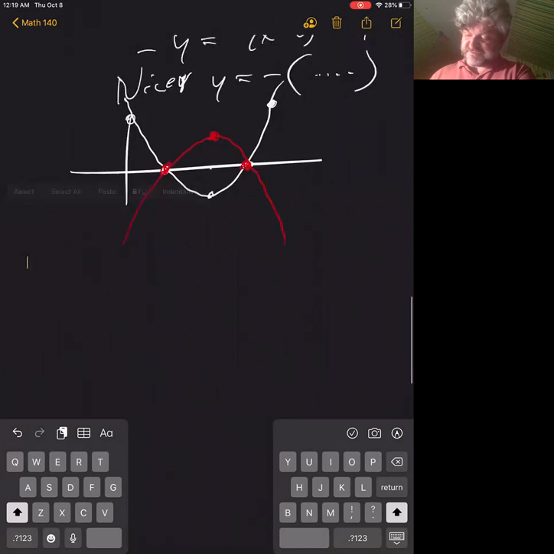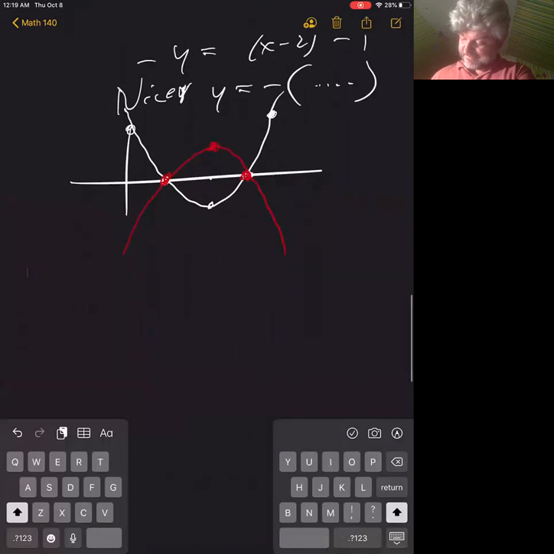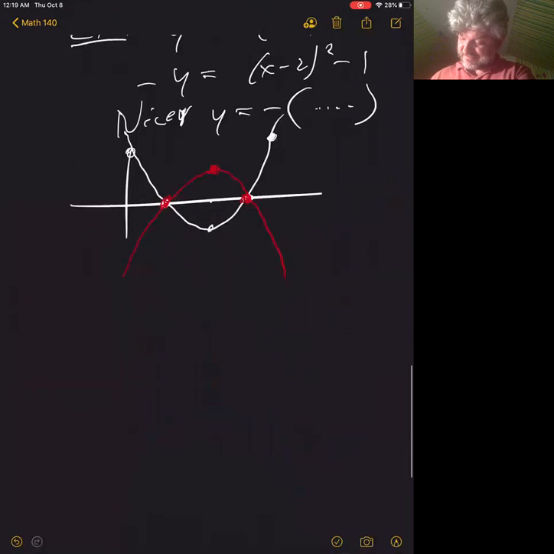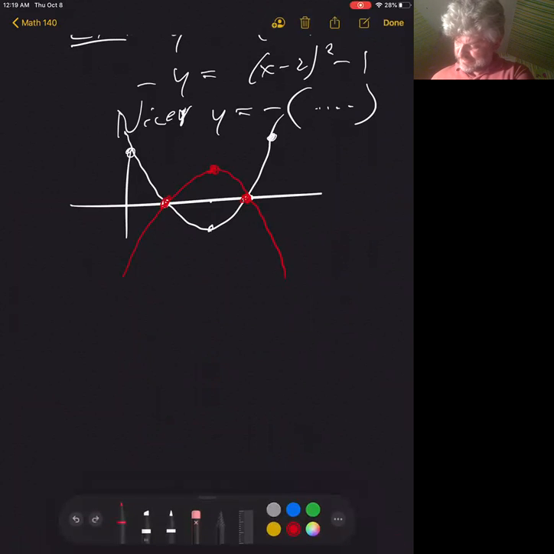Horizontal flip, same function. I mean, a flip about the y-axis.